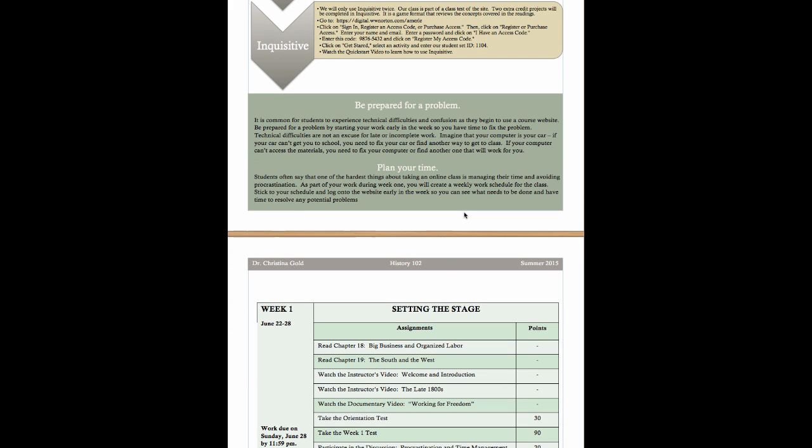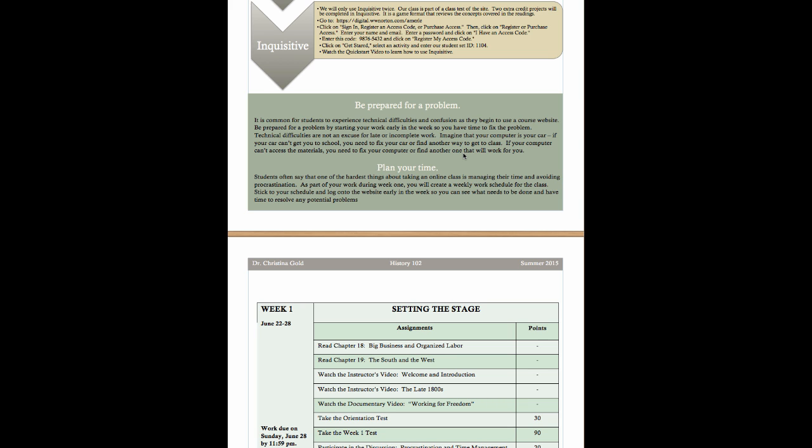So in order to be successful in the course, you need to be prepared for problems. Students inevitably have some technical difficulties or confusion along the way, so make sure to start your work early in the week so that you can resolve any potential problems. So what I want you to do is imagine that your computer is your car. If you're in a face-to-face class and your car breaks down and you can't get to school, you have to find another way to get there, maybe on the bus or with a friend.